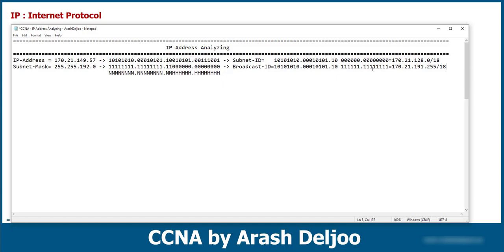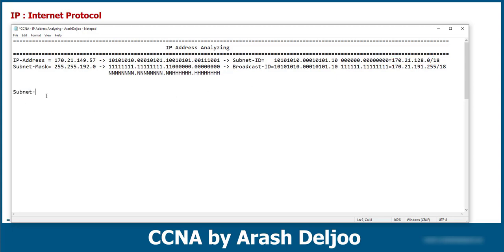This is the broadcast address of this IP address. We can say this IP address is residing in this network. Because we have the network ID and broadcast ID, we can easily find the usable host range.